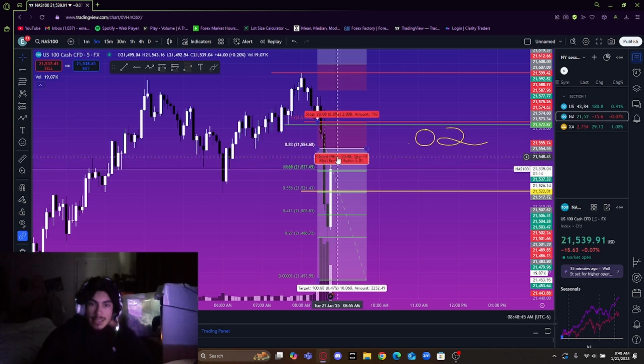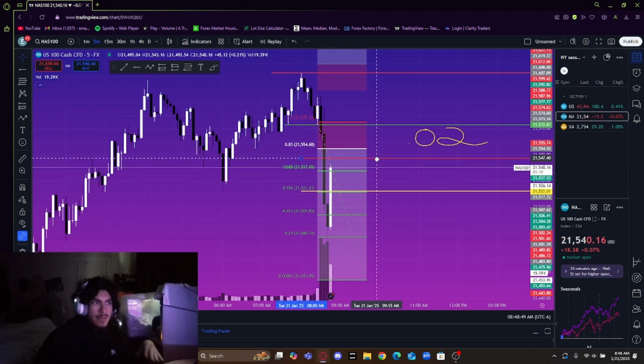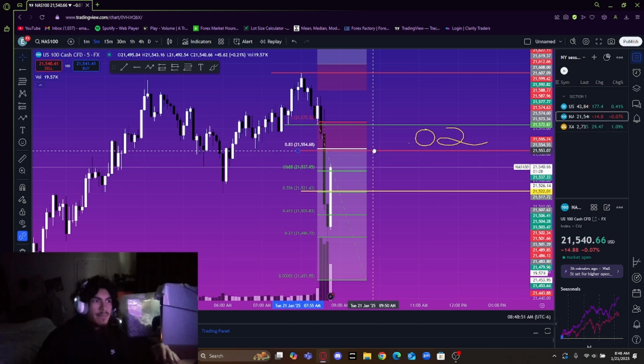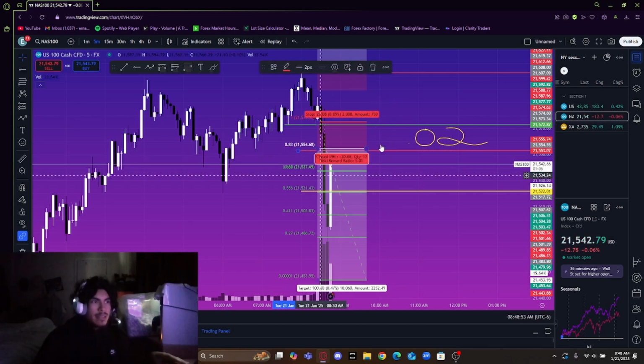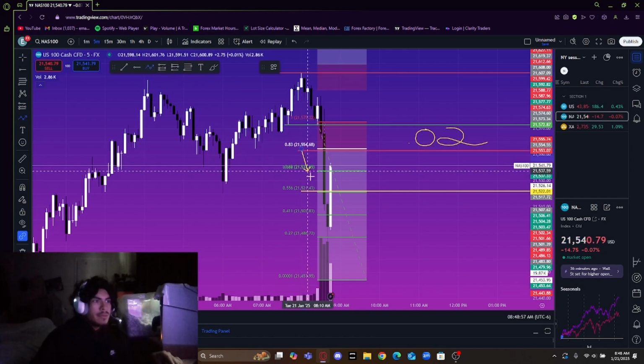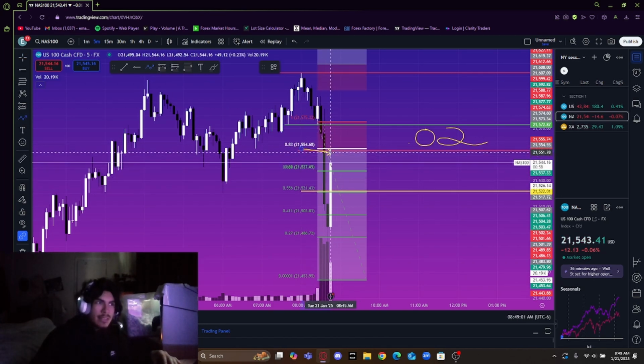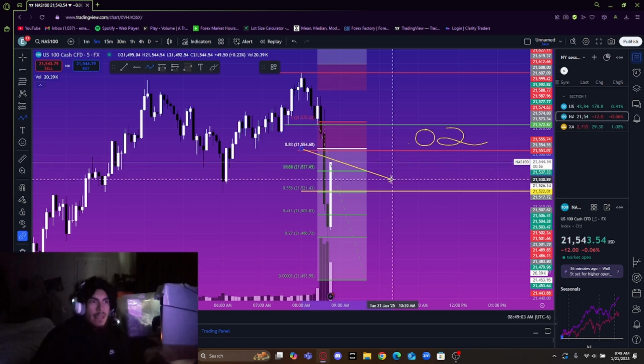I saw TP1 get hit, and so I'm like, okay, since TP1 got hit, I'm gonna put my stop loss to break even. Which means that if price was to continue pushing, hit like TP1.5, but then retraces and then hits my stop loss, I don't lose anything because I'm break even. Like I didn't win anything, I didn't lose anything, I'm break even.